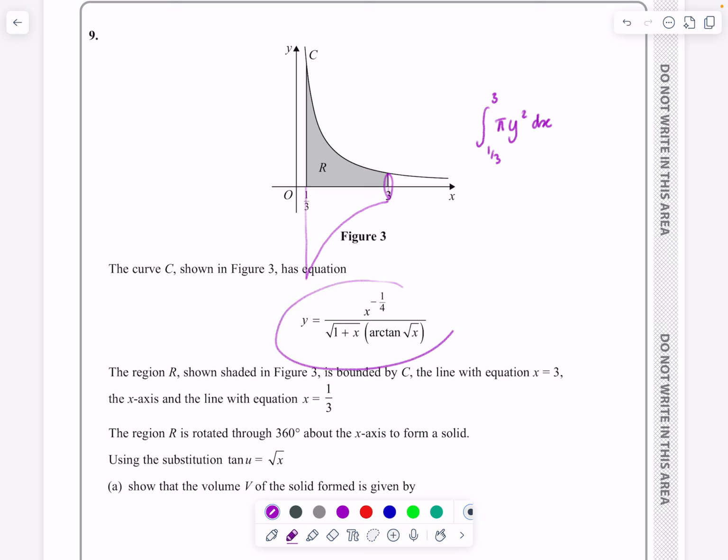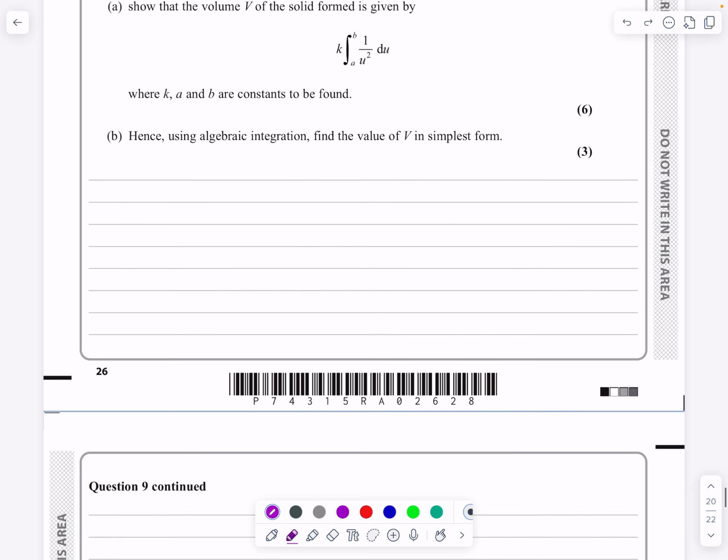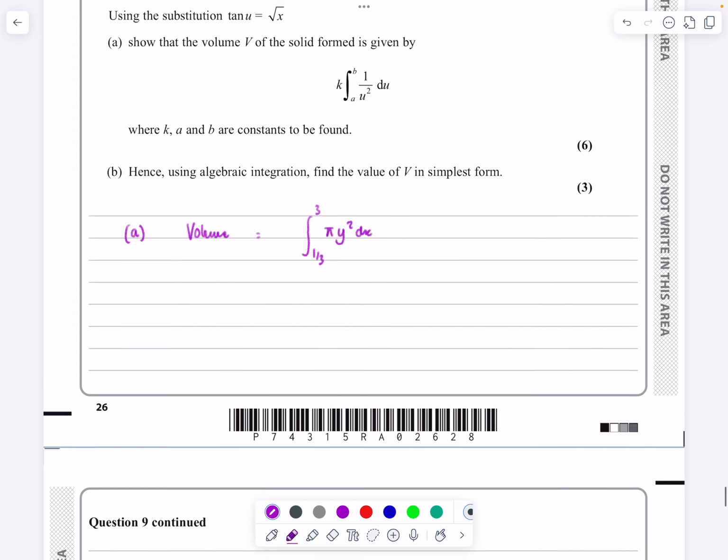But y is that thing there, so squaring that is not going to be very easy, and then trying to sort out the integration of that is certainly not simple, but let's at least make a start to it. So let's tell the examiner what we're doing. We're saying volume is equal to the integral of pi y squared dx between 3 and a third.